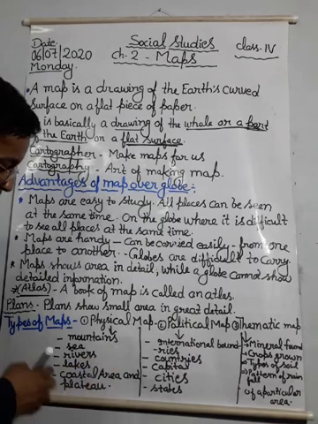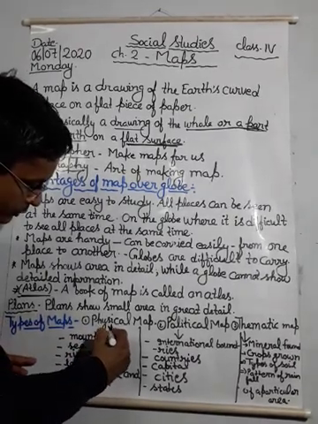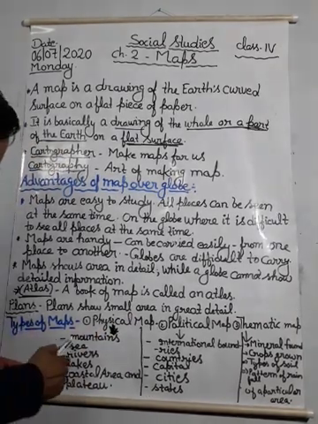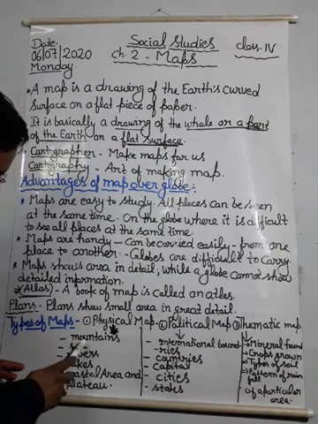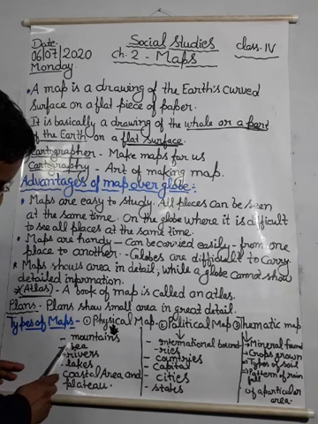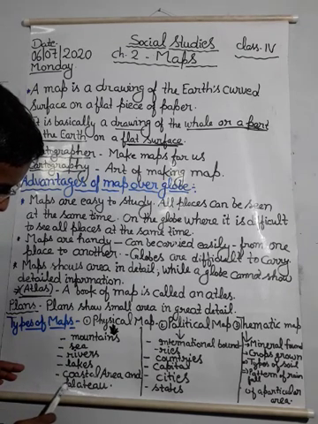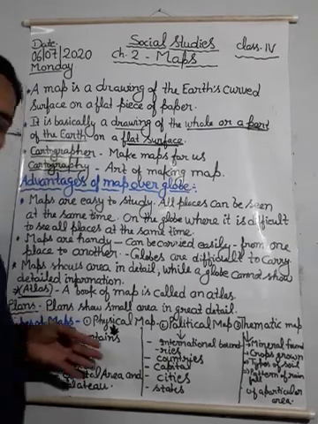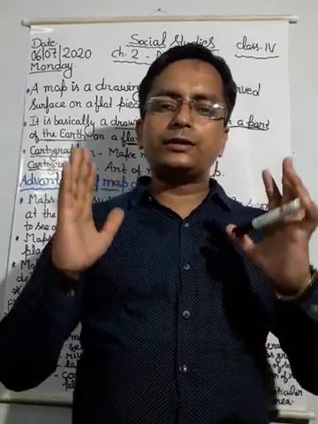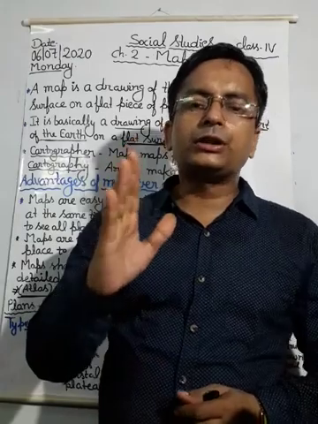In a physical map, what we can draw and locate is mountains. In a physical map we locate mountains, sea, rivers, lakes, coastal areas and plateaus. Dear student, as the name is physical, what we can see and touch is called physical things.